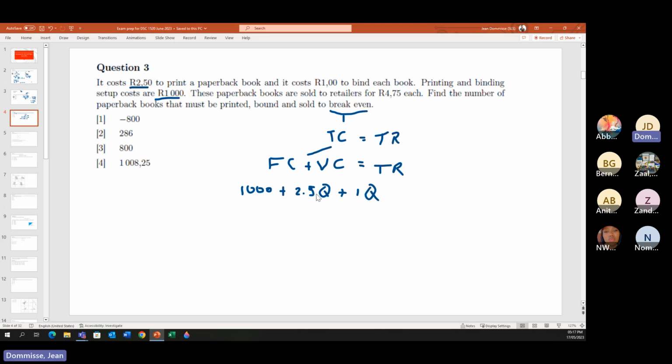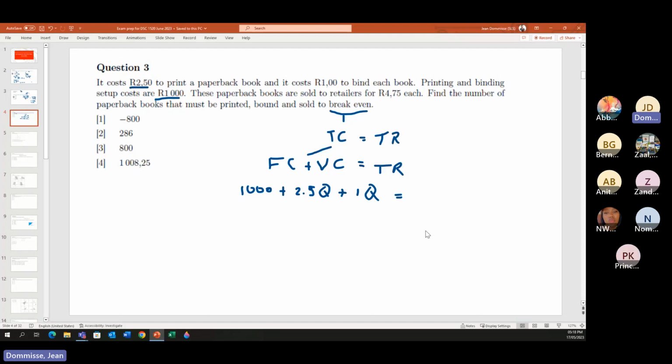Okay, so your variable cost is depending on how many books. It's R2.50 per book for printing and R1 per book for binding. And when they say, well, your total revenue is you're going to sell this book for R4.75. And again, dependent on how many books you're going to sell.